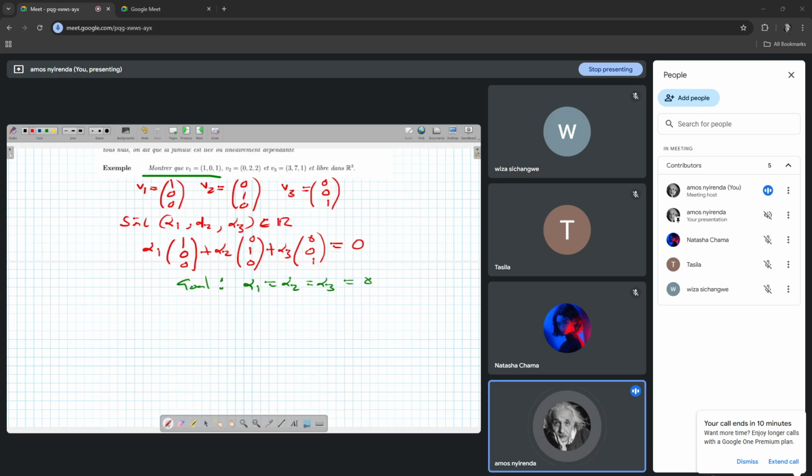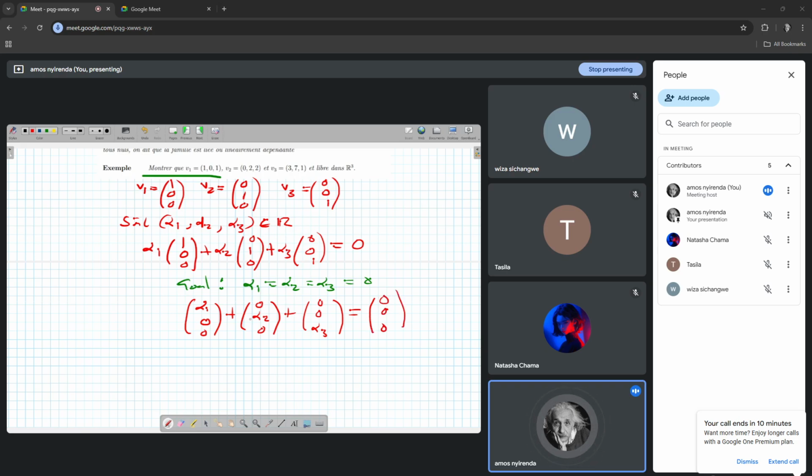So, let's simplify. Here we have (alpha 1, 0, 0) plus (0, alpha 2, 0) plus (0, 0, alpha 3), and this is equal to the 0 vector, (0, 0, 0).